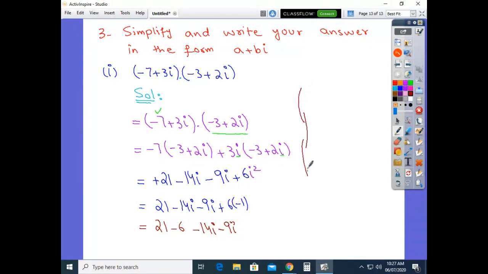At last we have positive 21 and negative 6, it becomes 15, and negative 14 and negative 9 it becomes negative 23 iota, which is our required standard form of a complex number, in a plus or a minus iota b form.